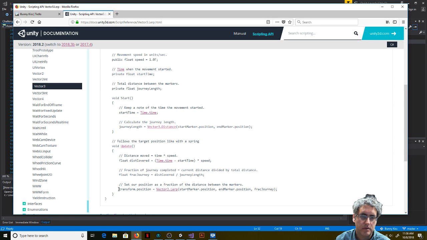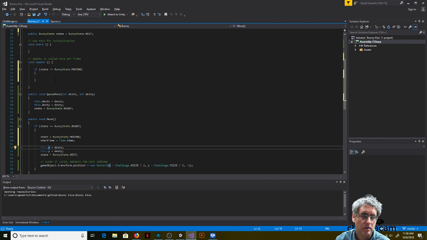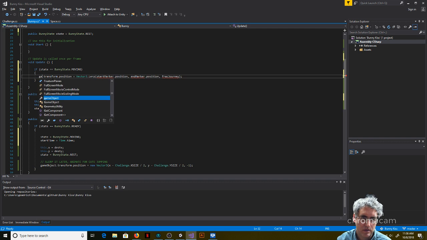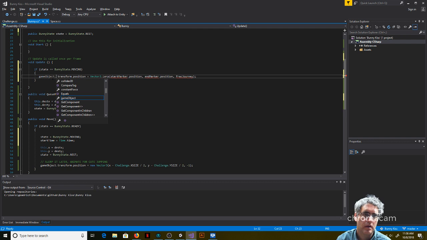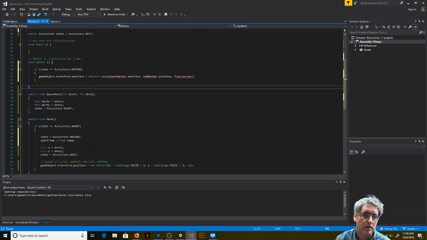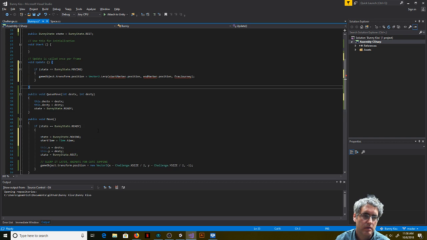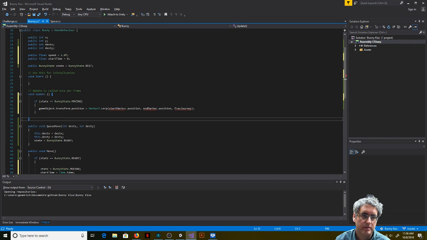And we need to do some kind of transformation. We're going to say, hey, game object, your transform position is equal to this.